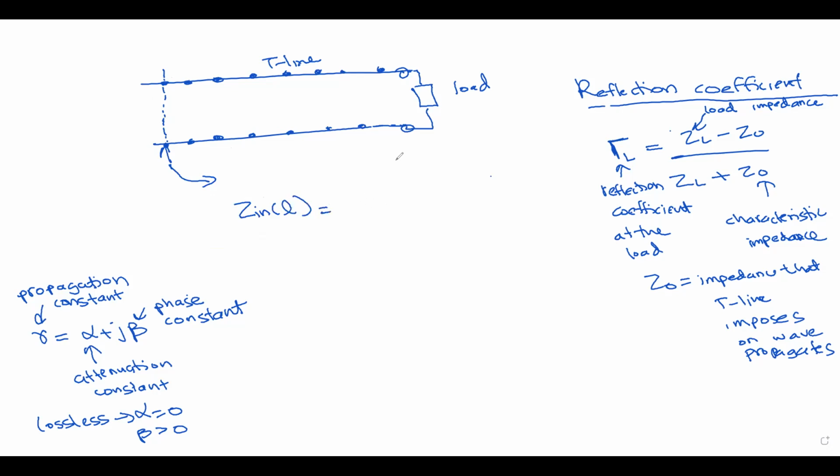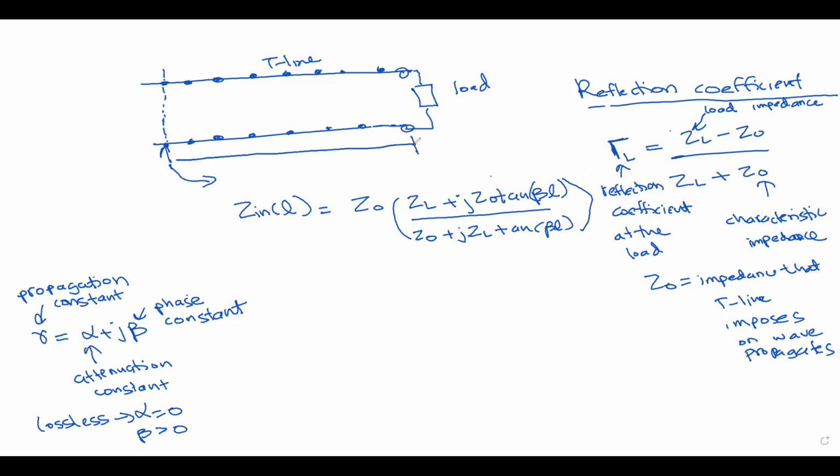Okay, so this equation is equal to Z naught into (ZL plus jZ naught tan beta L) divided by (Z naught plus jZL tan beta L). Okay, so this is the equation that we use to find the impedance at this location, where L is the length from this load point to this point.